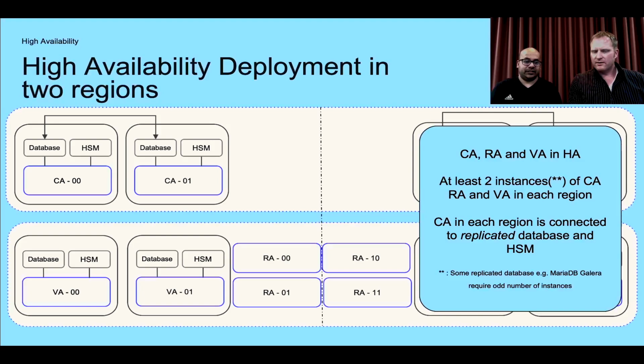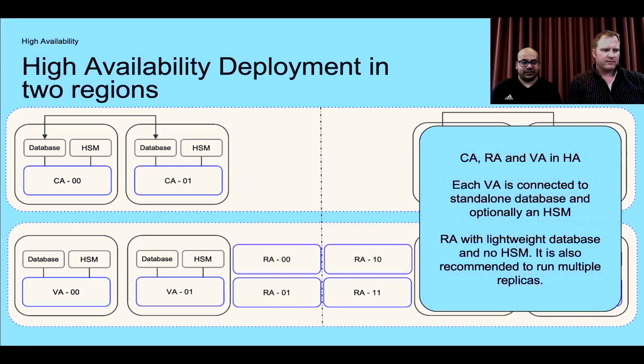At the end of the day, the cryptographic keys, for example, are used by both EJBCA instances, CA00 and CA01, so you need a replicated setup. On the other hand, for the peers, the VAs and the RAs, at least for the VA, you do not need a replicated HSM, but you can always use that.